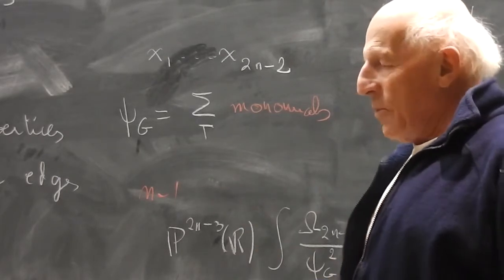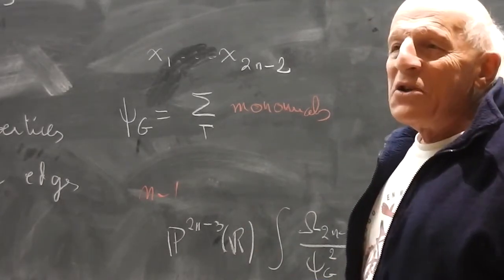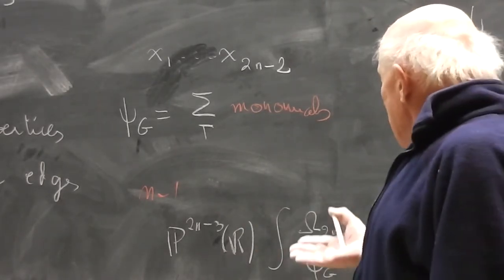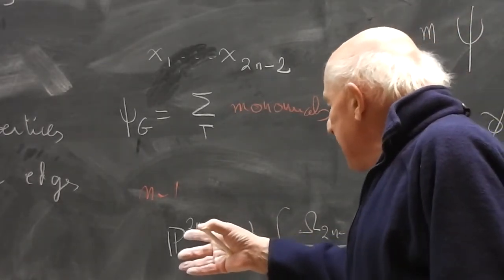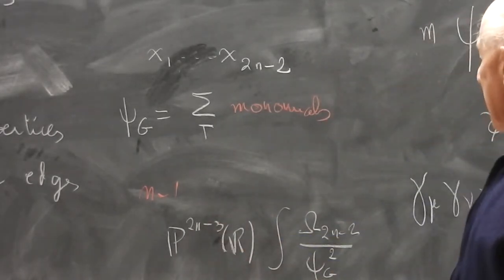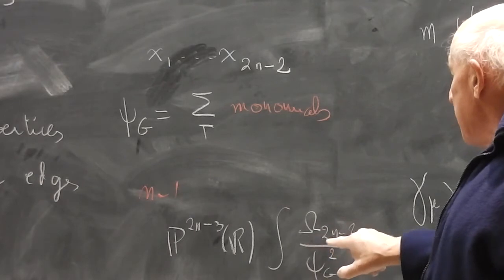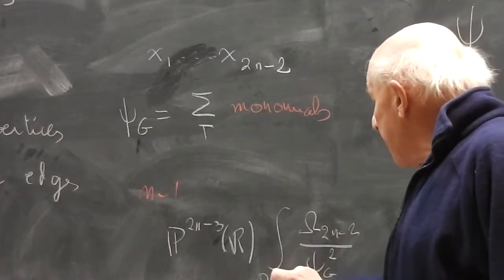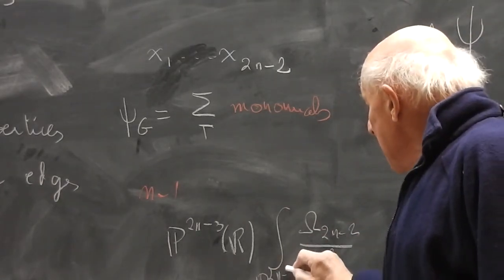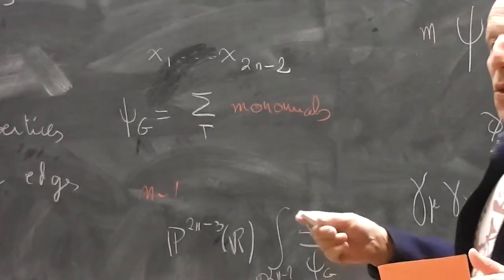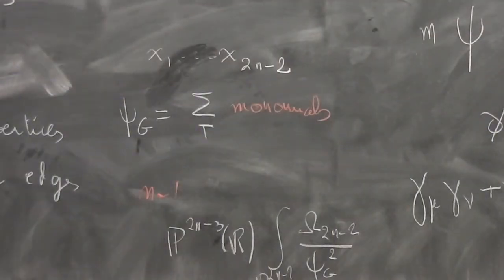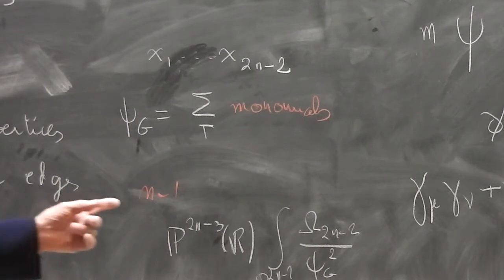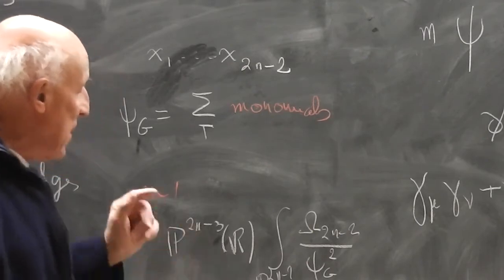It's sometimes called the Gelfand residue. If you have a projective space of dimension 2n minus 3, then you have a differential form in the corresponding affine space of dimension 2n minus 2. And this is homogeneous of degree 0, and there is something called the Gelfand residue, which tells you how to transform it into a 2n minus 3 integral.